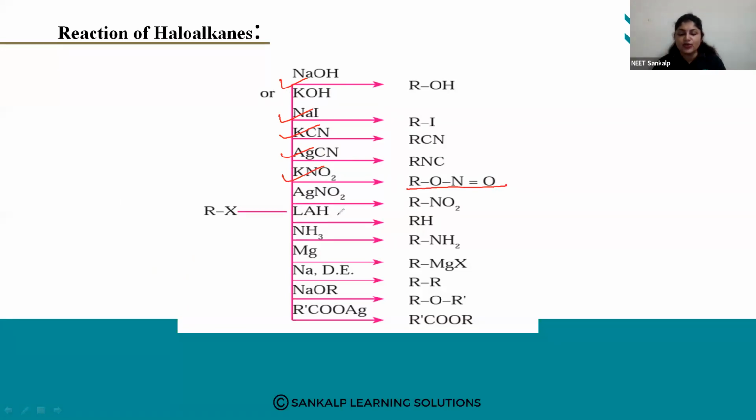Then AgNO2: when it reacts with AgNO2, what is it forming? It is forming nitroalkanes. So nitroalkanes will be the product if you use AgNO2 as your reagent.